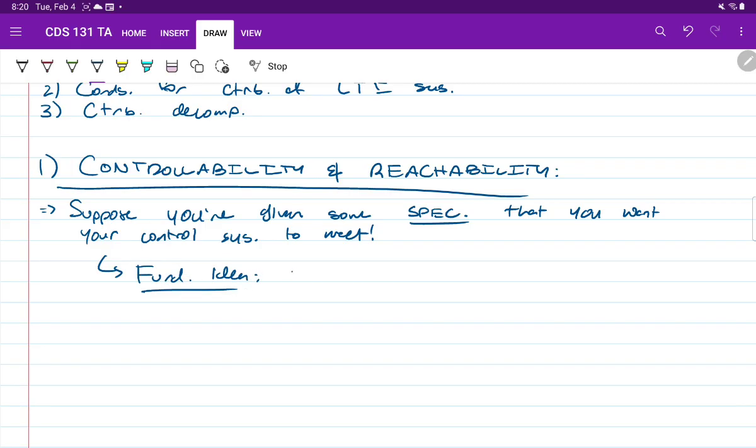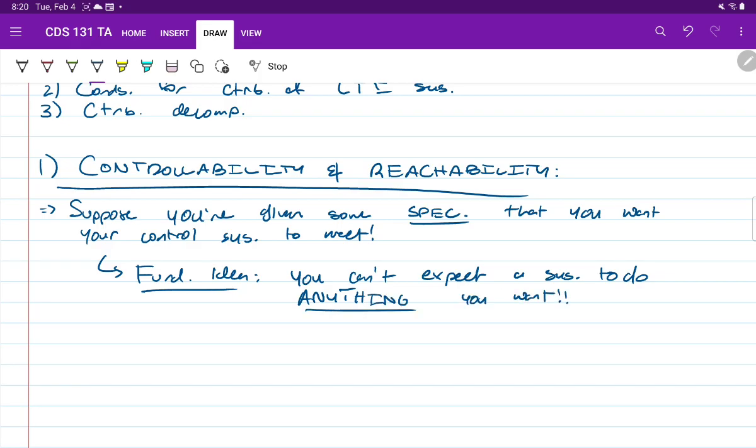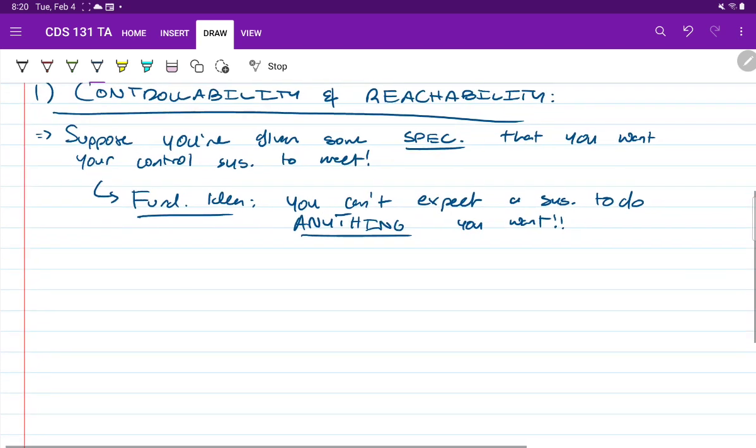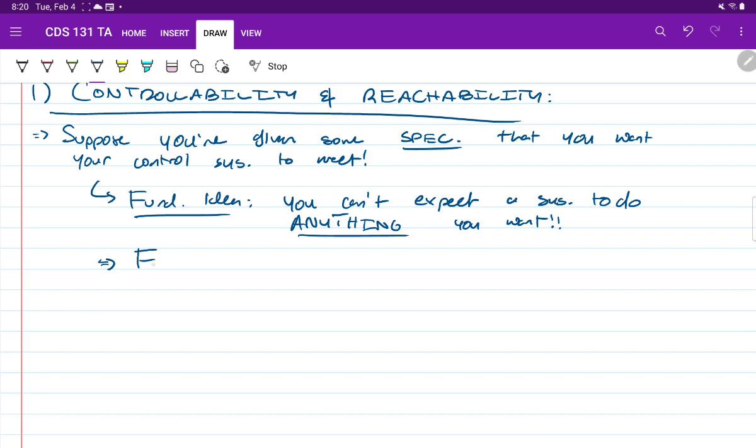and that is you can't expect a system to do anything you want. Deep down, there are going to be some fundamental limitations on performance for these different control systems. Something that we'll see today is that fundamental limitations on performance exist.